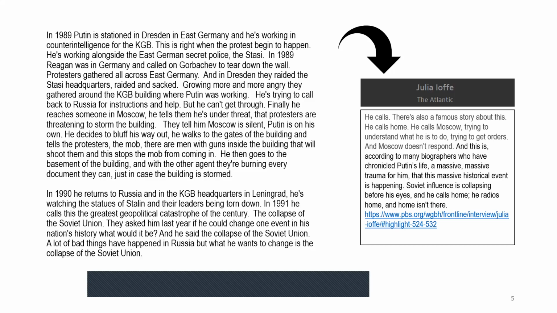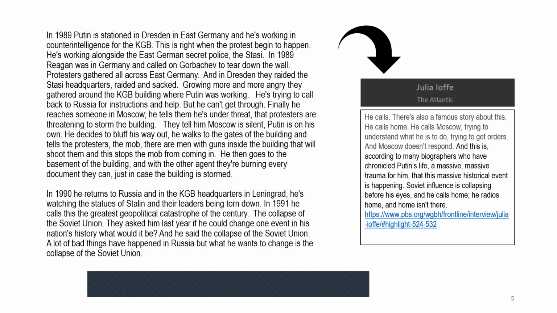Protesters gathered all across East Germany and Dresden. They raided the Stasi headquarters. Growing more and more angry, they gathered around the KGB building where Putin was working. He's trying to call back to Russia for instructions and help, but he can't get through.